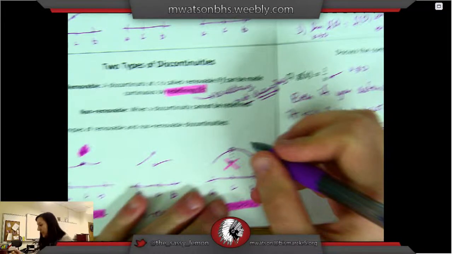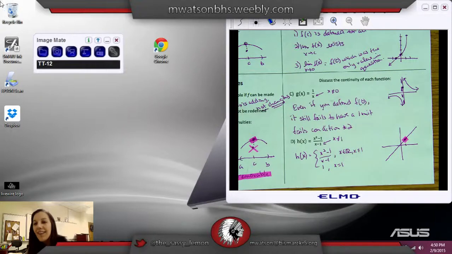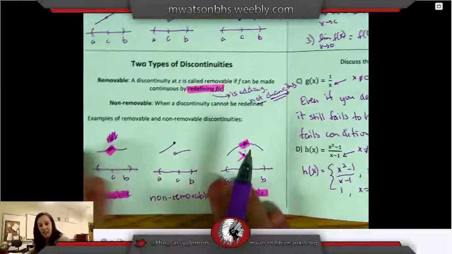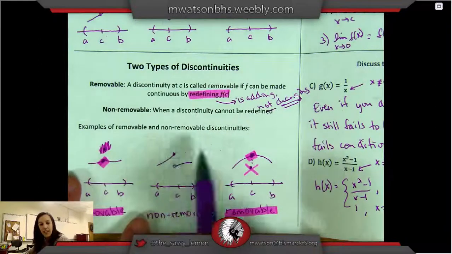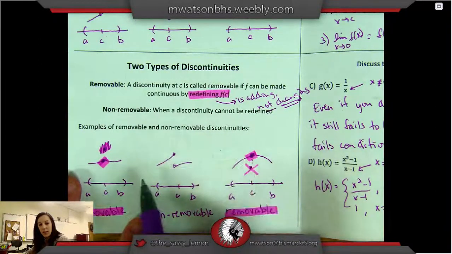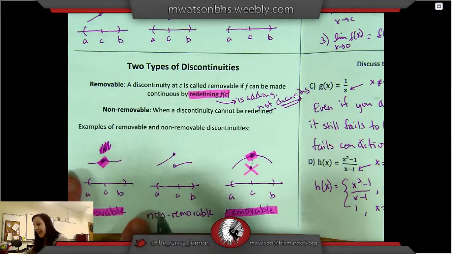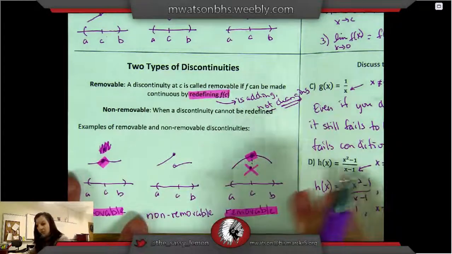All is right with the world now. Okay, so we've just redefined it. Oh, crud. I don't know if you saw what I did. Here you go. You see what I did now. So I redefined it so that now even the third condition is met, because the limit and f of c are both equal.